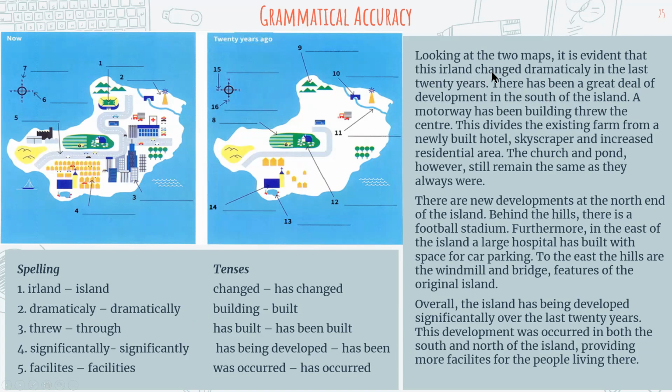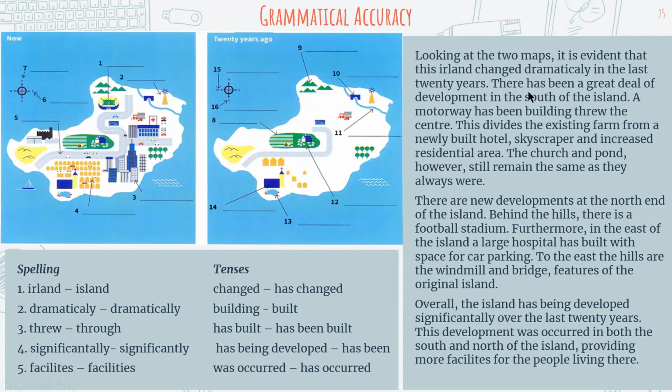I'm not talking about the past, because the present perfect simple has to do with something that happened before the present time, which has an effect in the present time, because these changes are here right now. Okay, so the first one should be has changed dramatically, okay, in the last 20 years. I should use the present perfect simple, not the past simple tense.